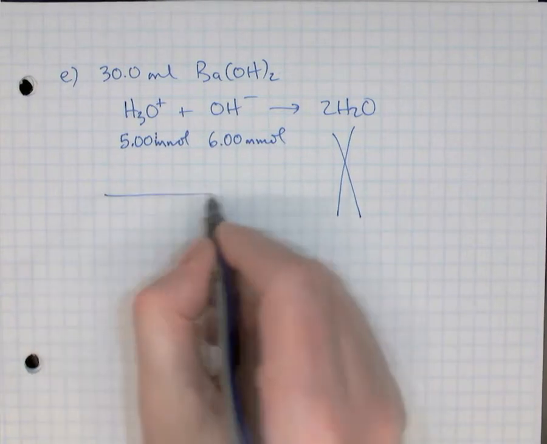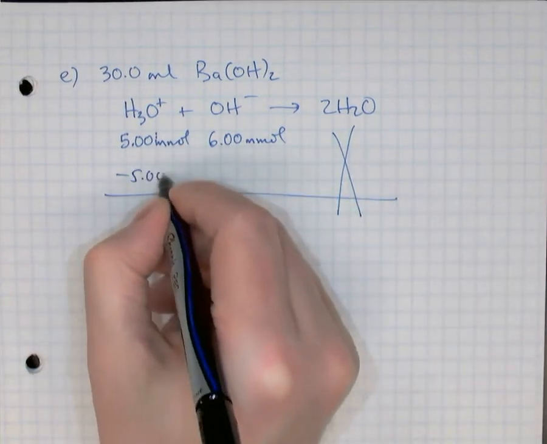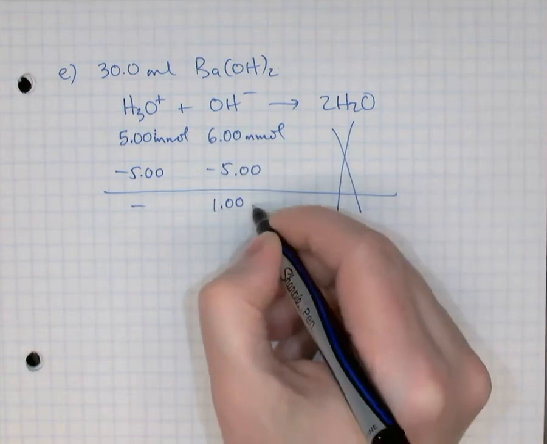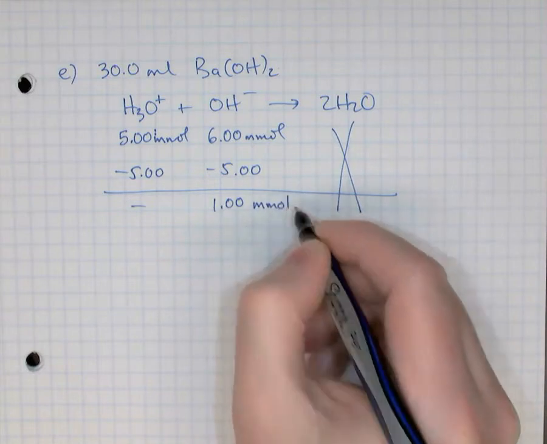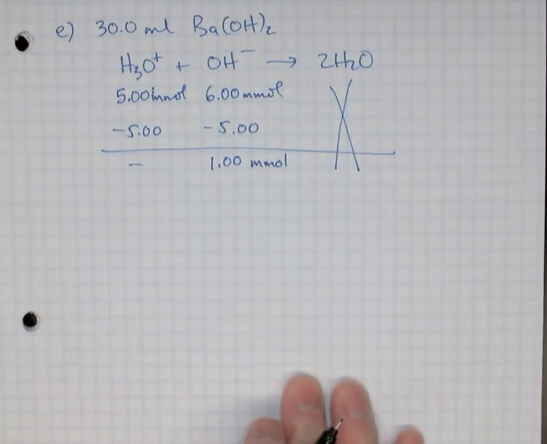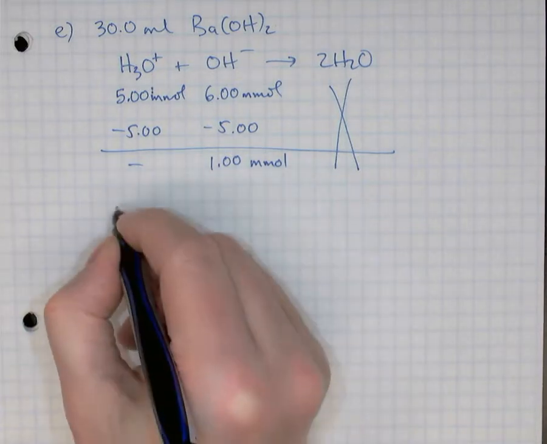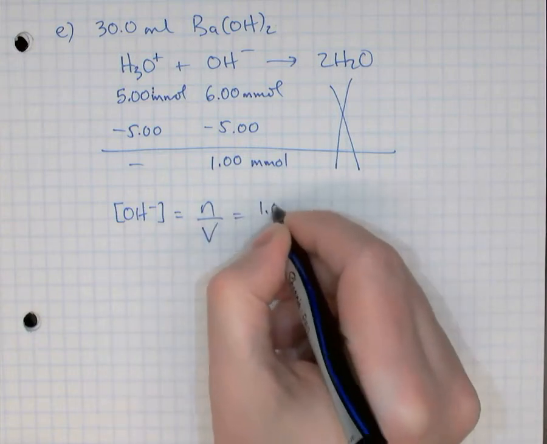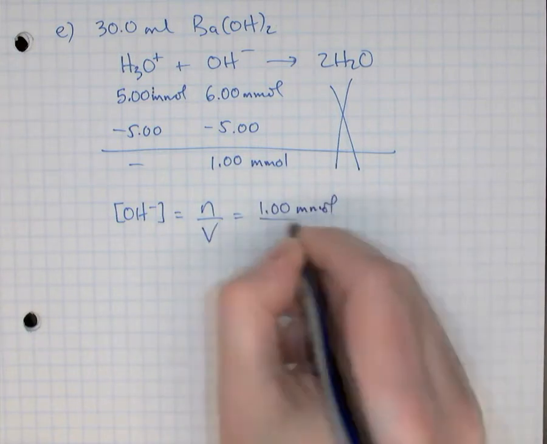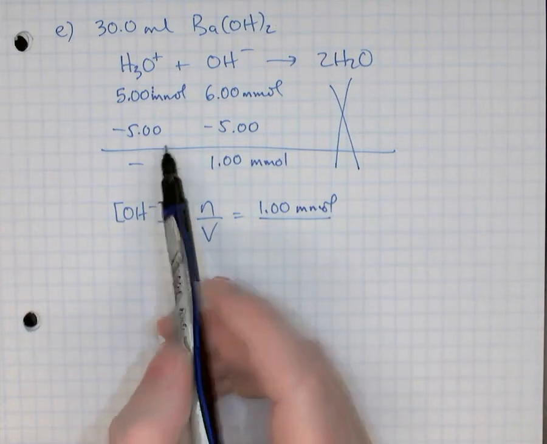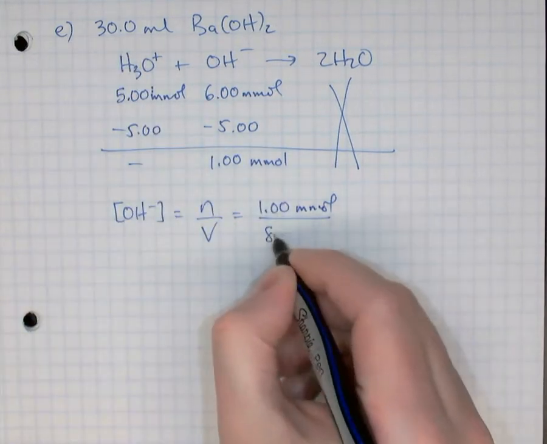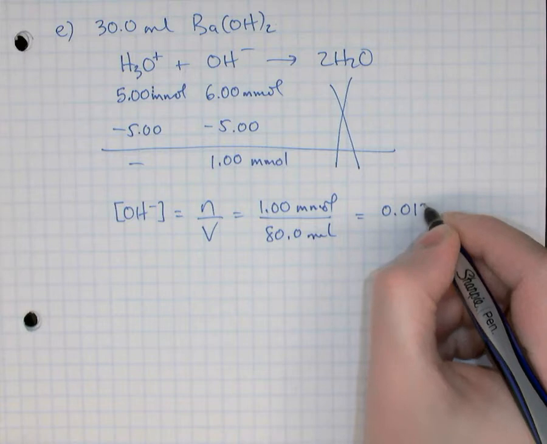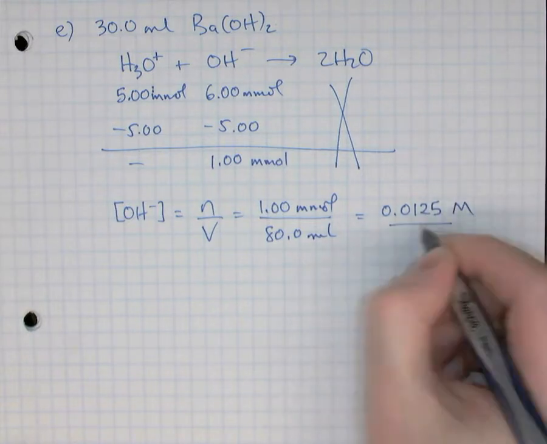So now minus 5, smaller number, minus 5. We're going to have some excess hydroxide ions in the water, in the beaker. So the pH is now going to be basic. So if we calculate the concentration of hydroxide, we have 1 millimole over the original 50 milliliters plus this 30 milliliters is now 80 milliliters. So that's going to be 0.0125 molarity.